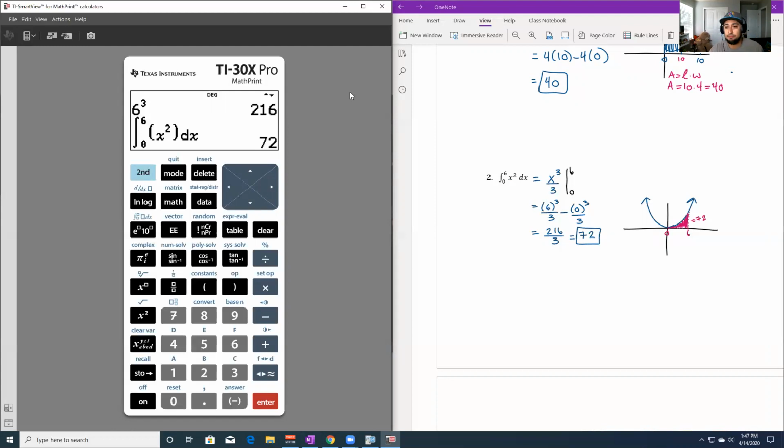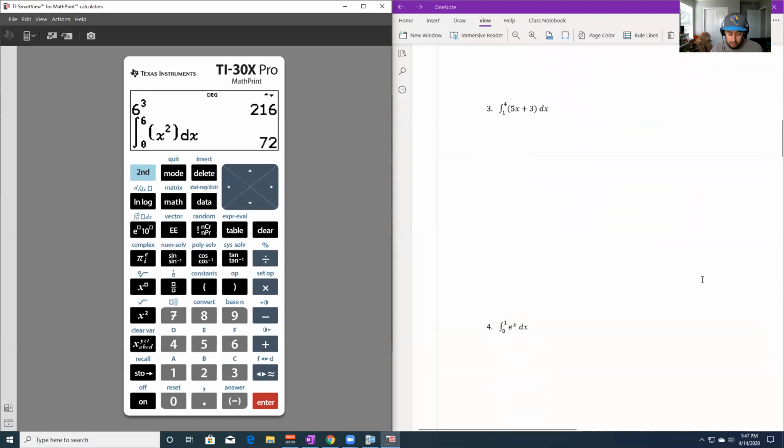Okay. 3. Let's keep going. So this will be 2 antiderivatives, right? So what we're going to do first is look at 5x. So the 5 will remain on the outside, and the antiderivative of x using power rule will be x squared over 2.